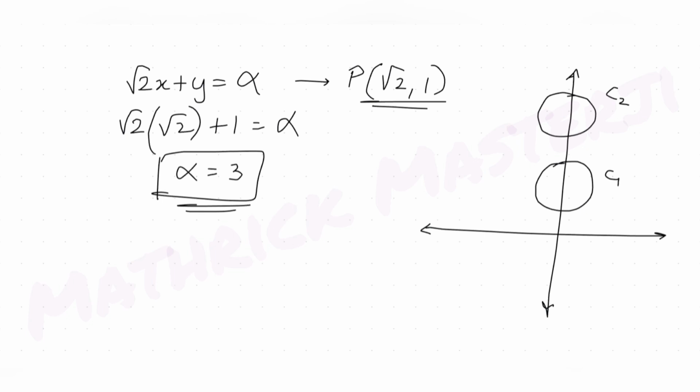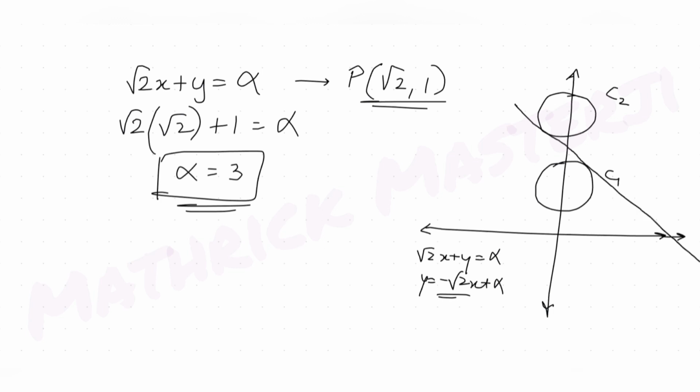From this I get y equals minus root 2x plus alpha, so m is minus root 2, a negative slope. Since the slope is negative, it passes through and touches like this, so it is basically a tangent to the circle.